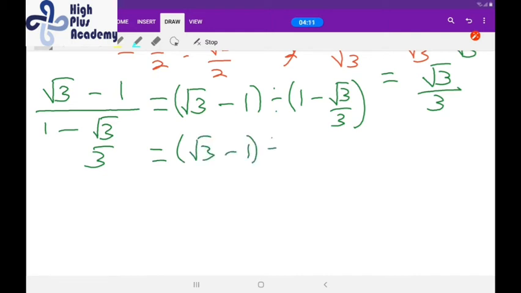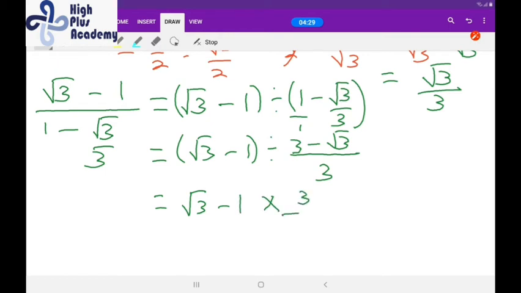We can do the LCM of this. That will be 3, we have over 1. 1 in 3 is 3 times 1, 3. 3 in 3 is 1 times root 3, root 3. So that becomes root 3 minus 1 times, it will go up again, 3 over 3 minus root 3.